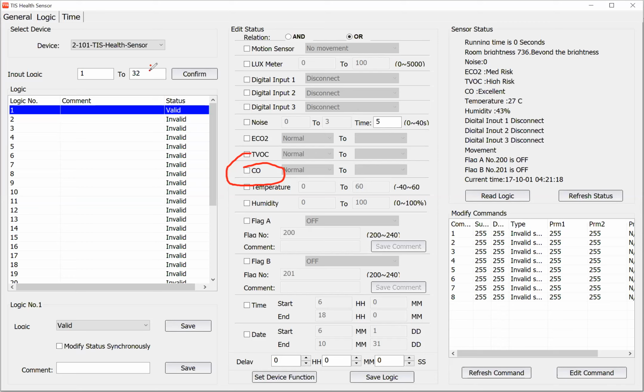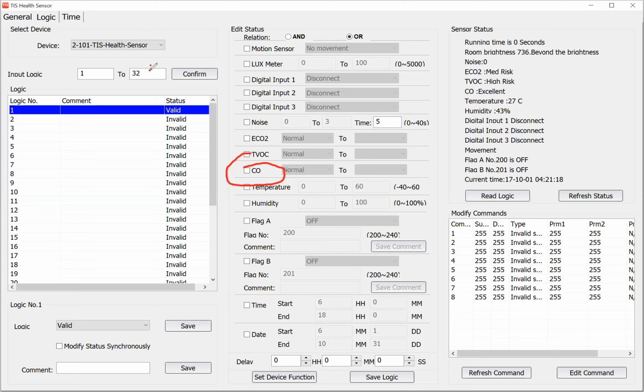You hear sometimes about children who die in a car because of CO, because the parents park the car in the parking lot and the other car is on and generates CO, and the children die. The CO is very, very dangerous.